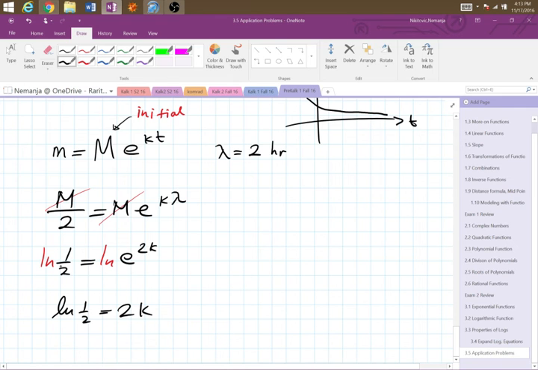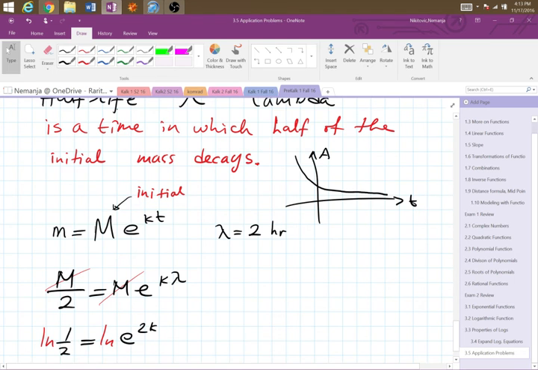Yeah, I know, but the ln goes away. ln cancels e. Why do you divide by 2? Because of half of the initial mass. So this is the mass at any time, fair? And this is the initial mass here. So if I am to use lambda there for time, then I have to use half of the initial mass at the same time. I have to put that.